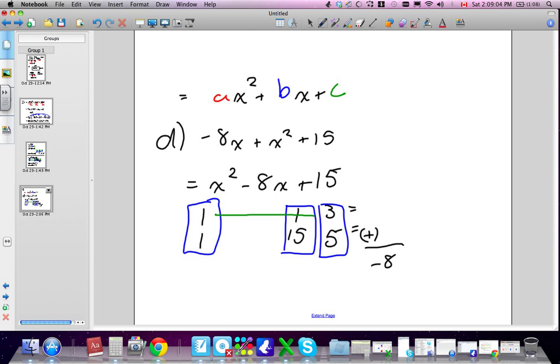Does negative 3 times negative 5 equal positive 15? Then I can use these two terms, because they both multiply to that, and they're going to add to this. So now I'm going to get x, and technically it goes in opposites, but they're both 1, so no difference. Negative 3 and negative 5. Does that make sense? Yeah.